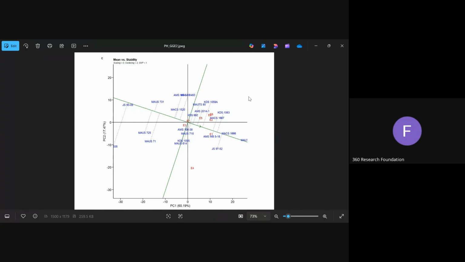So instead of concentrating on the dotted lines, just see the position of genotypes, because if someone increases or decreases the dimension, you will again get confused. Okay, someone is asking something, you can ask.